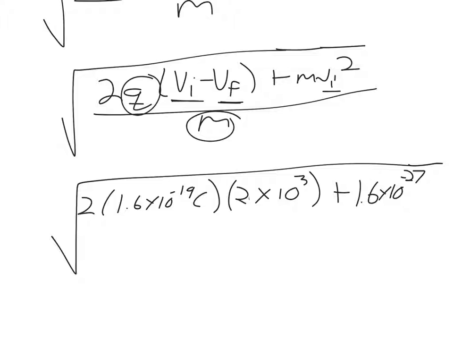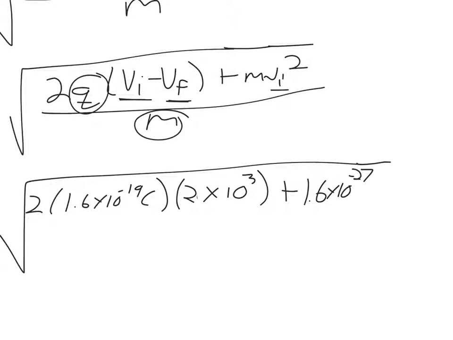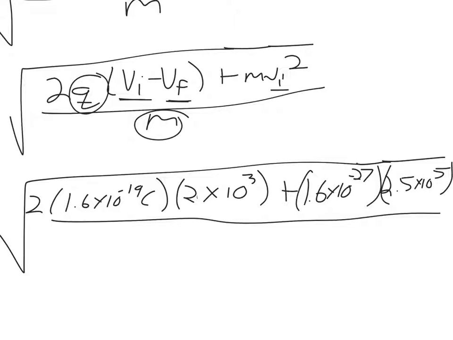And the initial velocity squared, I'm totally running out of space here. Let's see if I can squeeze it in. The initial velocity squared was 2.5 times 10 to the 5th, I think. Over the mass again, which is 1.67. Forgot the 7 up there. Times 10 to the minus 27.